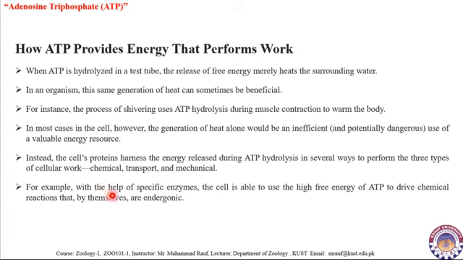For example, with the help of a specific enzyme, the cell is able to use the high free energy of ATP to drive chemical reactions that are by themselves endergonic. So there are specific enzymes, and with the help of those enzymes the cell is able to use the energy released after the hydrolysis of ATP for performing work.